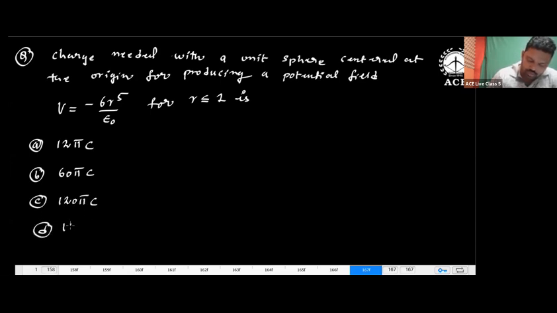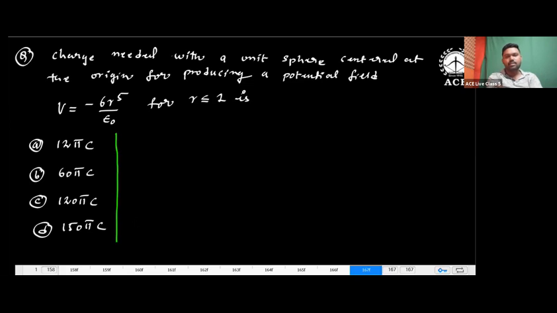Option D, 155 coulombs. He has given the potential and is asking for the total charge, beta.